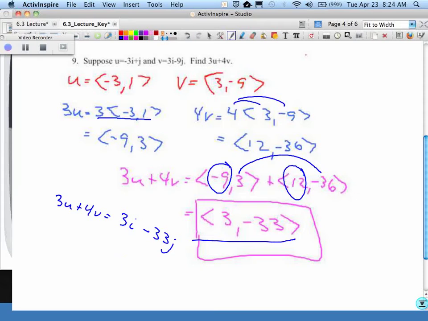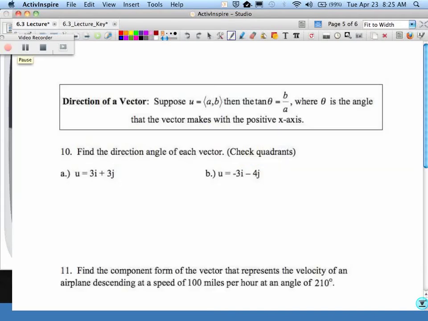This is that language I'm talking about, direction. Okay? Do not confuse find a unit vector in the direction of the vector I'm giving you, that was 2 or 3 problems ago, with what is the direction of this vector.